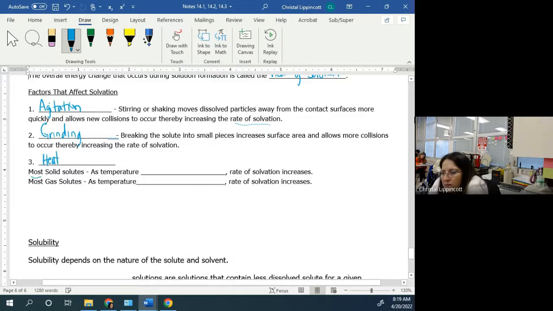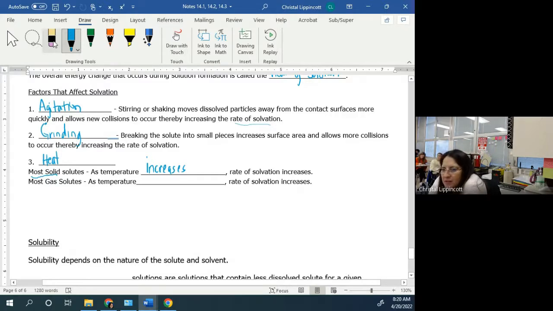Almost all solid solutes, as temperature increases, that rate of solvation will increase too. This is one reason why you heat things on the stove, to get them to mix together better. Okay, does that make sense?